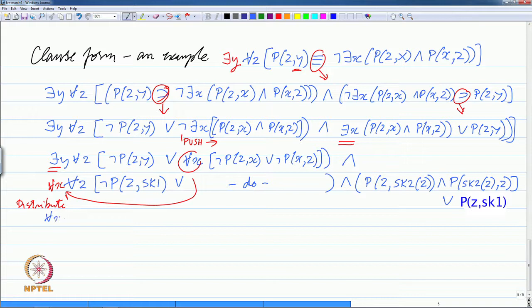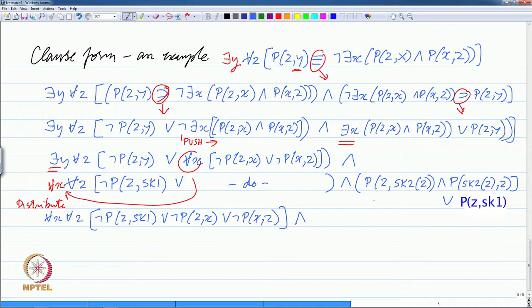we will get for all x for all z. Now, the first of those conjuncts is already in clause form. So, we do not really need to do much, but let me just write it again. But the second part we need to distribute the AND over the OR.